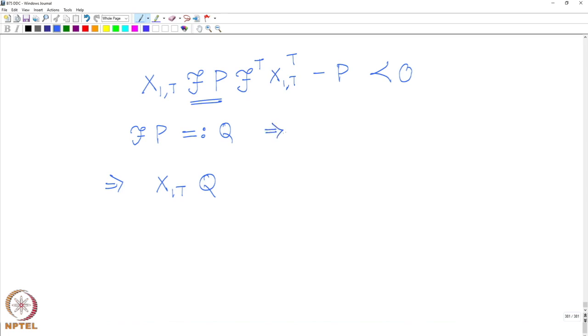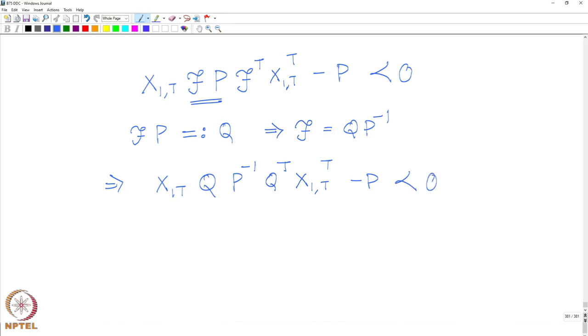This means however that F is equal to Q P inverse, is not it. So, then for this F transpose I can write P inverse transpose, but P is a symmetric matrix, so P inverse will remain there, and I have Q transpose here. Then I have X1T transpose minus P less than or equal to 0.